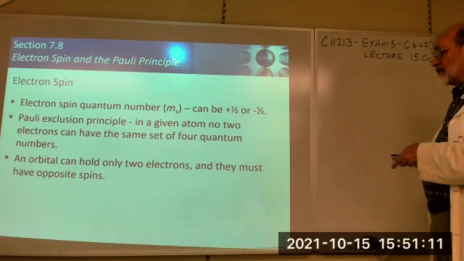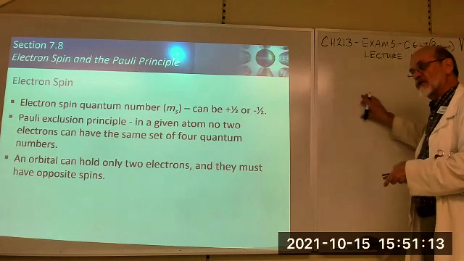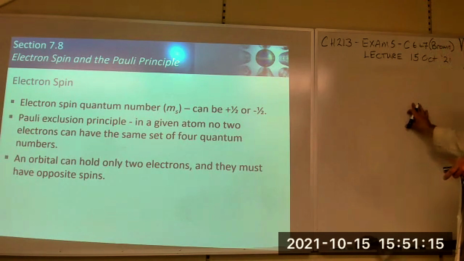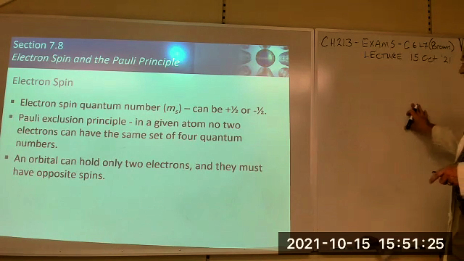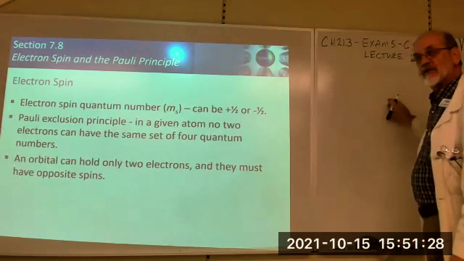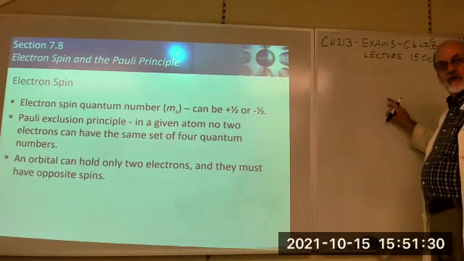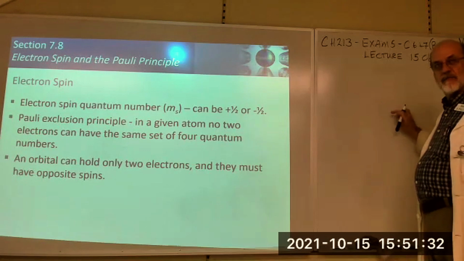And what it says is that with an electronic structure that's written for an atom, no 2 electrons can have the same set of 4 quantum numbers. They can have the same numbers all the way down to the m sub s. And then one will have a plus half, and the other will have a minus half spin.